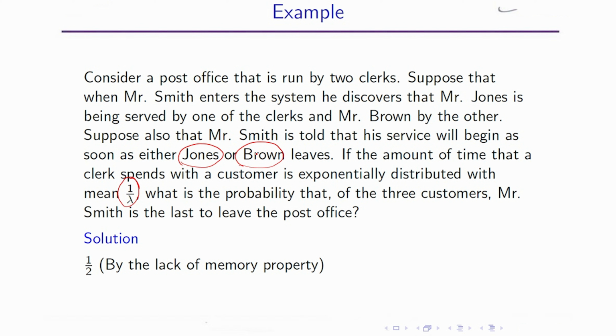When either of them finishes, then Mr. Smith and the remaining customer start service, and because of the memoryless property, Mr. Smith and Mr. Jones, or Mr. Smith and Mr. Brown, have a refreshed start. So Mr. Smith will be the last to leave the post office with probability 1/2, because of the memoryless property.